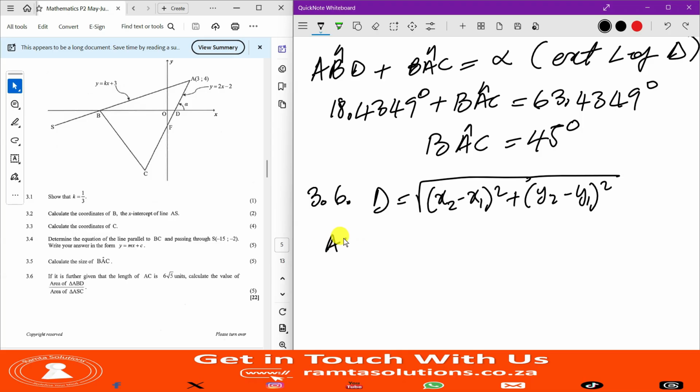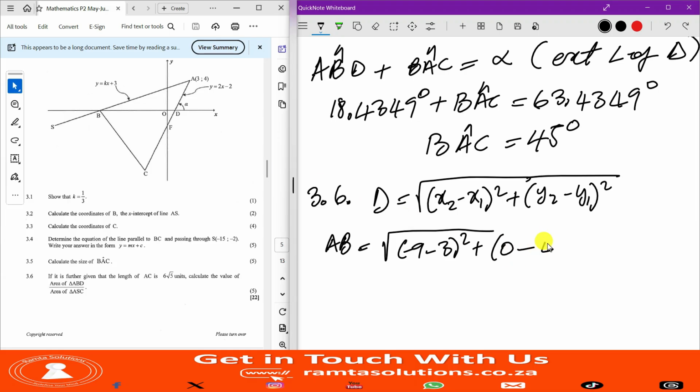Now let's look at AB. I'm starting with B. The x value of B was minus 9. The x value of A is 3. The y value of B was 0. The y value of A is 4. So what do we get here?